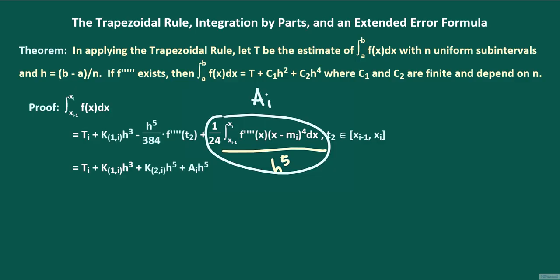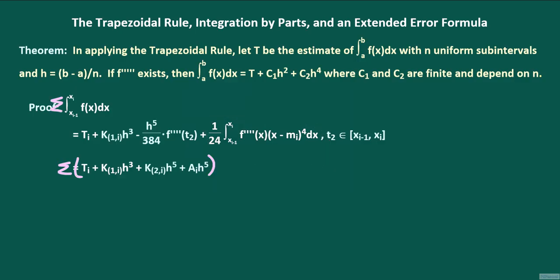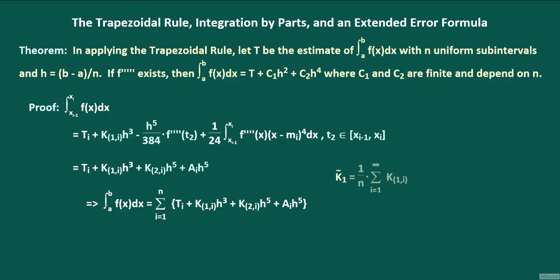Remember that this is just for the ith subinterval, so we sum over all the n subintervals, so that the integral of f from x equals a to x equals b equals this sum. Let k bar sub 1 be equal to the arithmetic mean of the k sub 1i's, so that the sum of the k sub 1i's equals n times k bar sub 1.